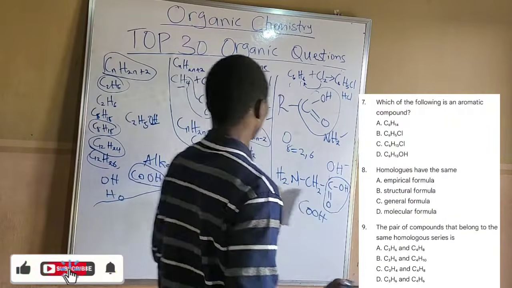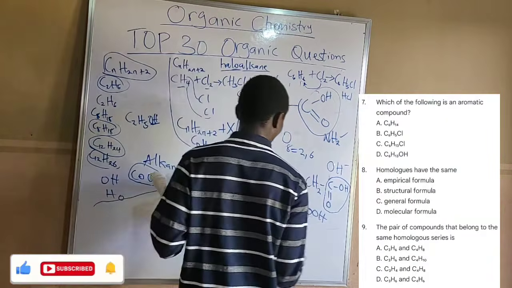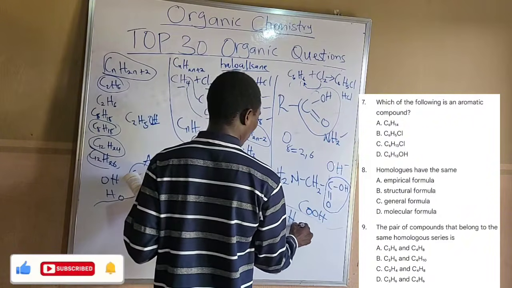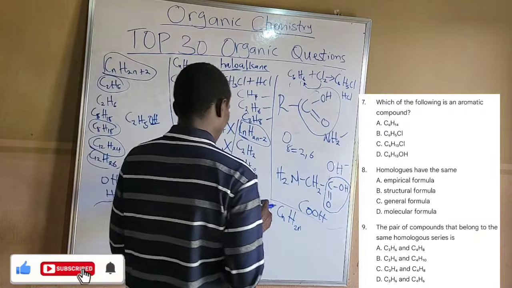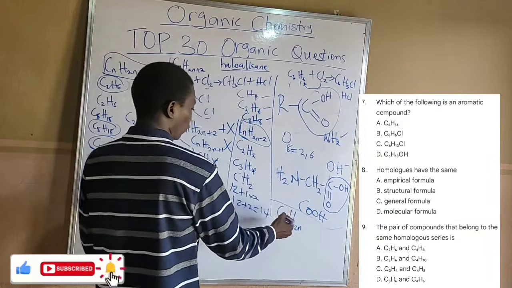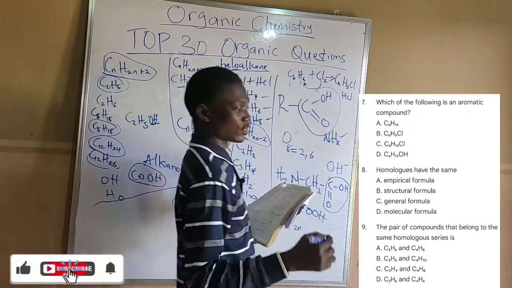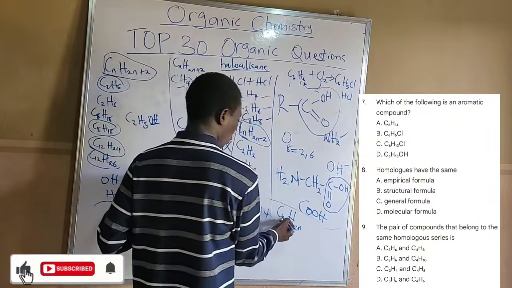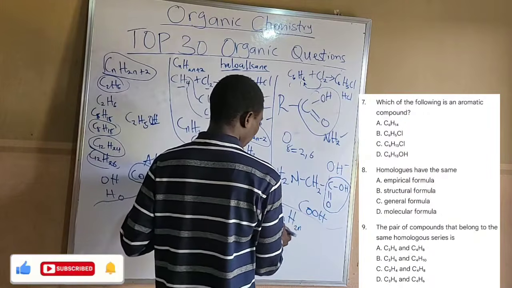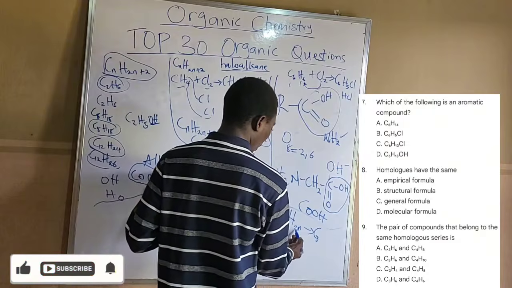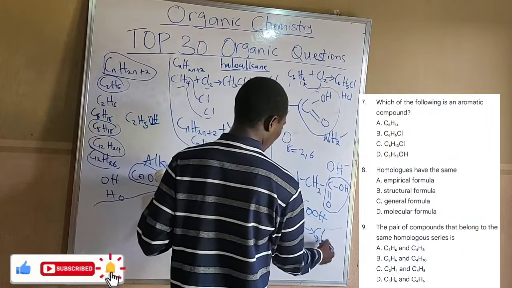Why? Because from the formula of alkenes, we said alkenes has what? CnH2n. So using option A, the correct answer as I've said, from option A we have C3H6 and C4H8. Let's assume my n is equal to 3. I will have C3H, 2 times 3 will be what? 6.